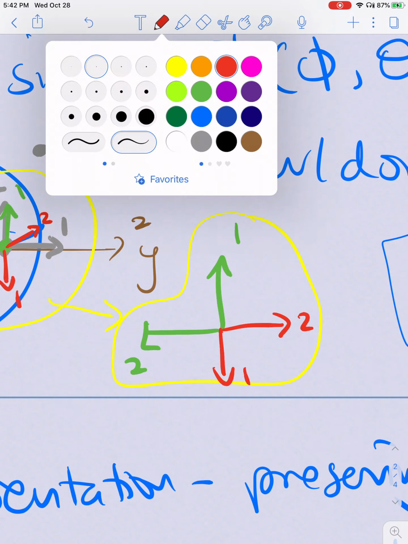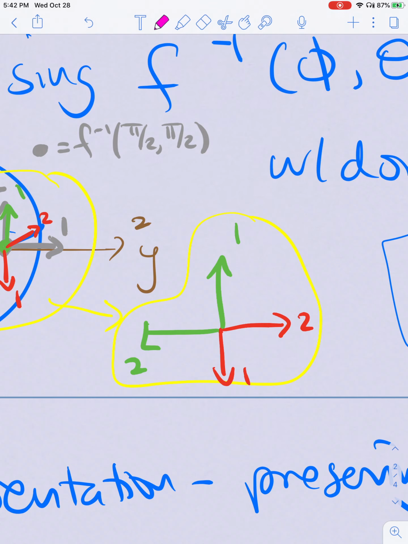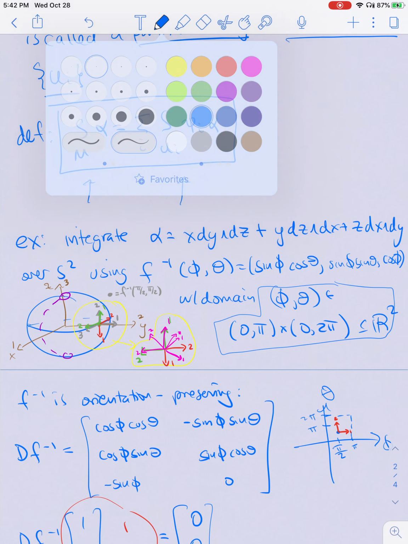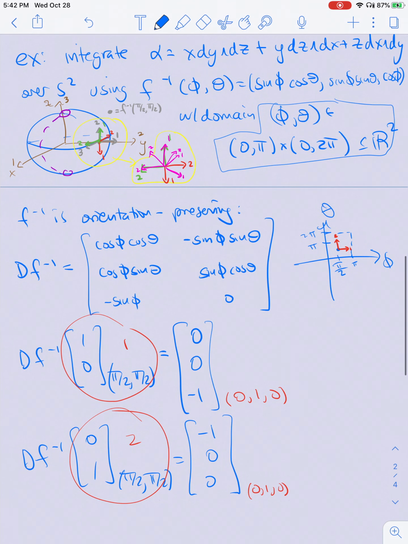So if I keep rotating, I'm going to get them sitting right on top of one another. And rotation is orientation preserving. Okay, so my orientations are correct. So now all I need to do is compute.